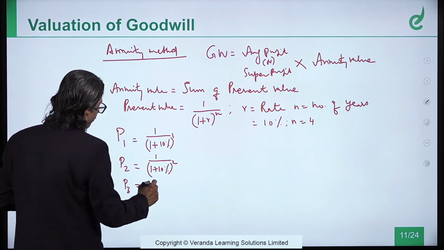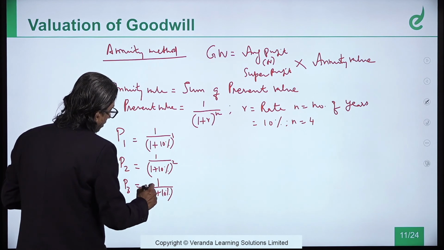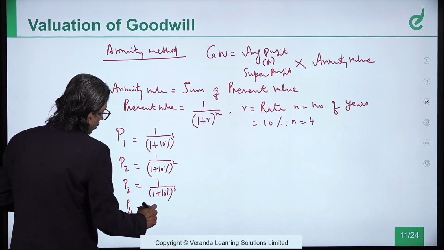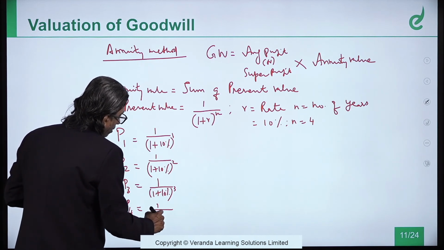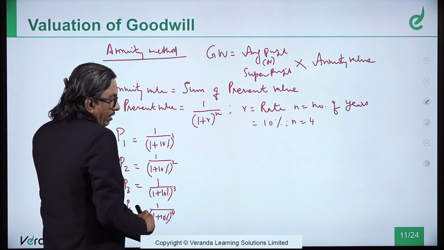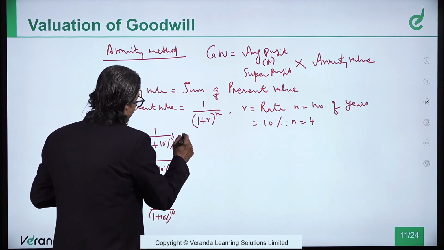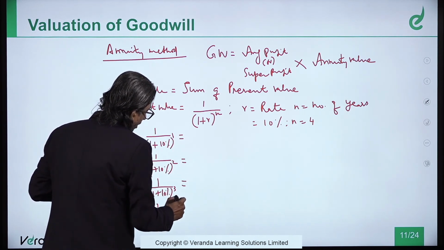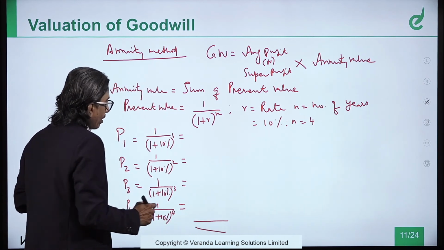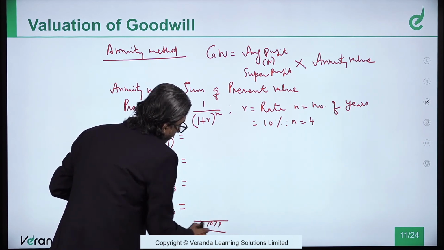P3 will be 1 by (1 plus 10%) whole power 3. P4 is equal to 1 by (1 plus 10%) whole power 4. If you do all this, friends, you can do the calculation, see, you'll get the total as 3.1079. Some number you will get like this.